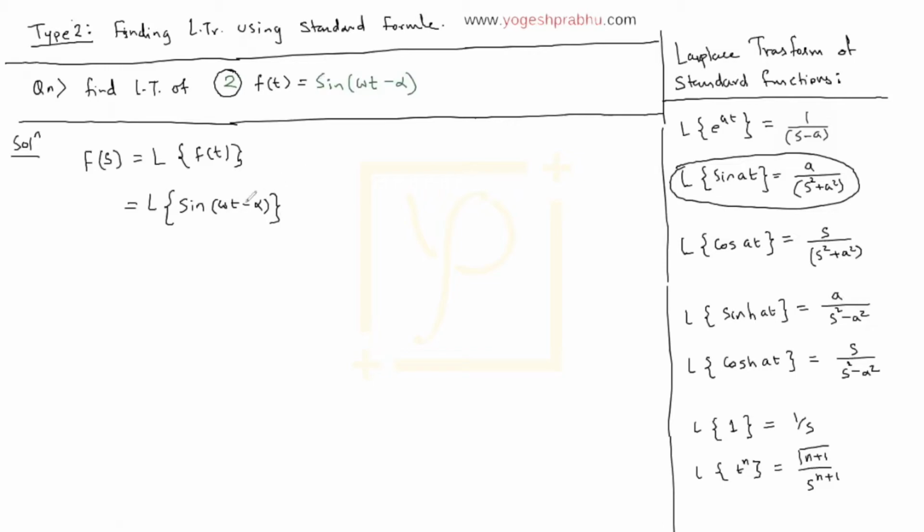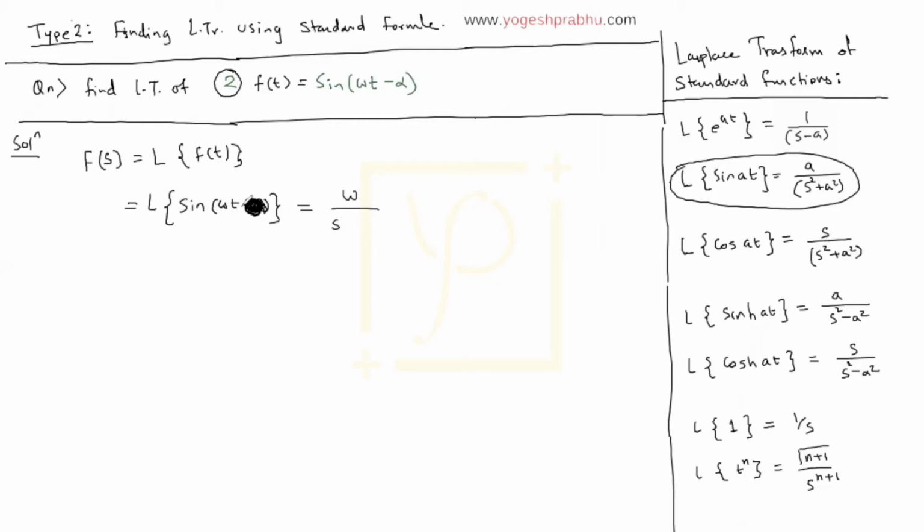If you didn't have this extra term, the answer would have been omega upon s square plus omega square, as per this formula. So you can directly use the formula if the form exactly matches the standard format. But that is not the case here.